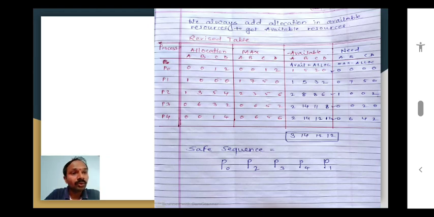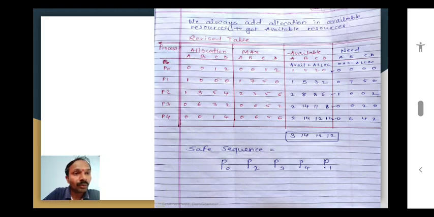Right. Now again I will move to the next, that is P3, for checking, and now I will go for calculating the available column for P2. Now what I am doing over here is adding 1532 with 1354, not with P1, because P1 we have not considered in the safe sequence.